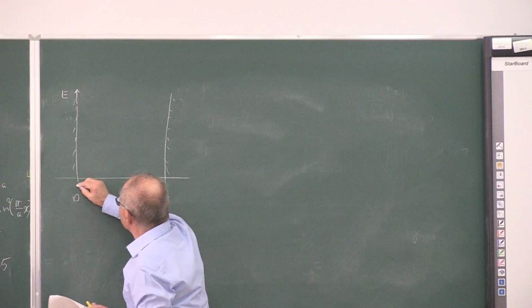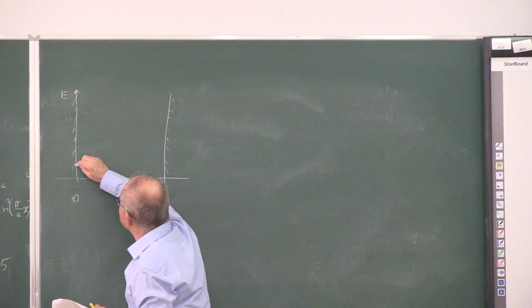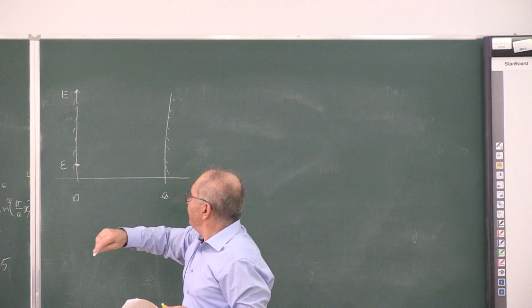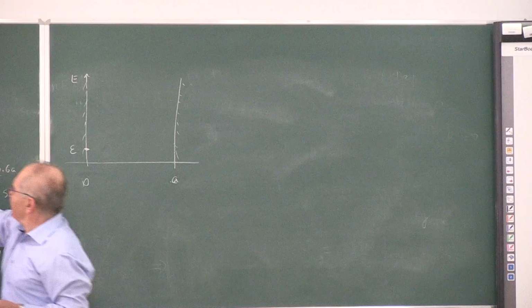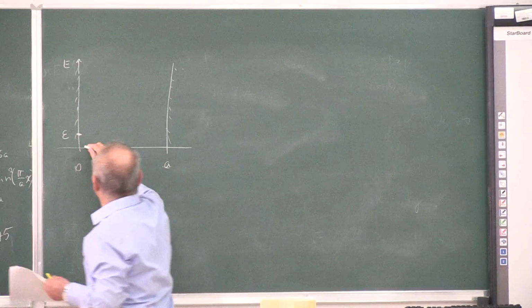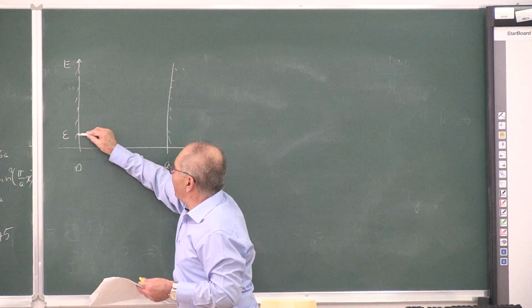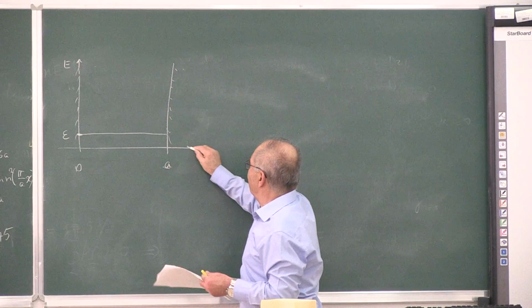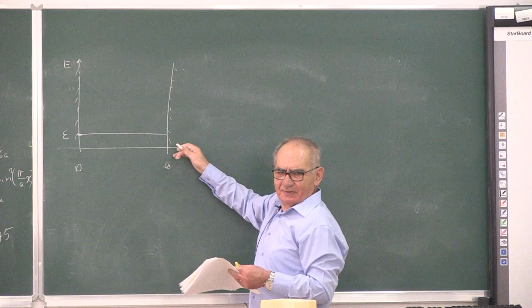Then I will indicate my first allowed level, the ground level, n equals 1 here. Then I'm going to draw an axis parallel to the actual axis.